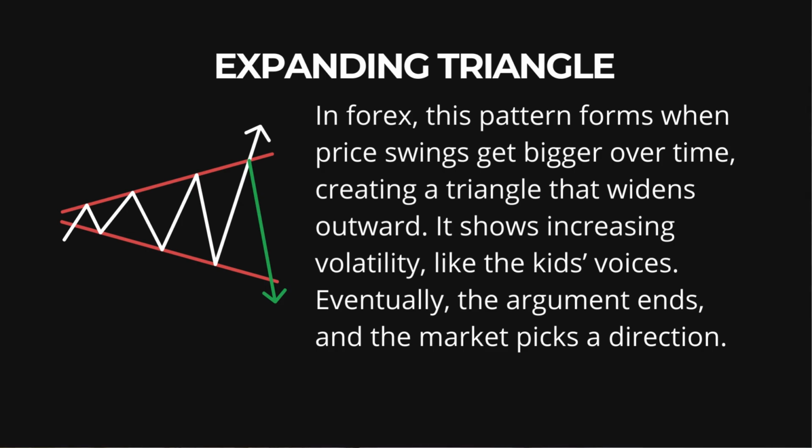In Forex, this pattern forms when price swings get bigger over time, creating a triangle that widens outwards. It shows increasing volatility, like the kids' voices. Eventually, the argument ends. The market picks a direction, just like the kids finally agree.